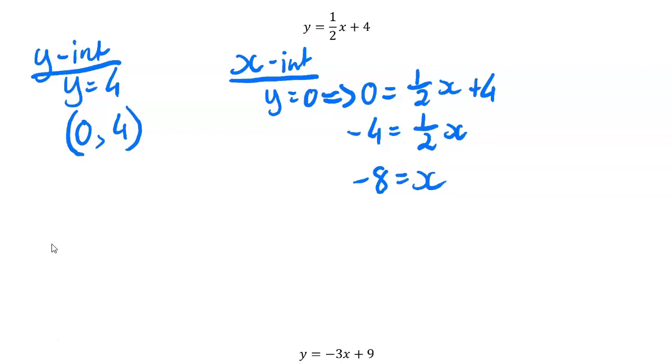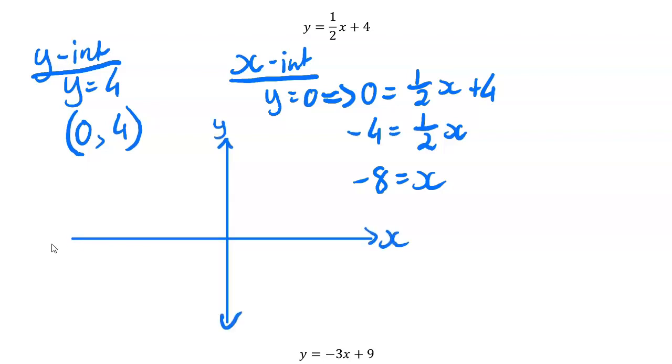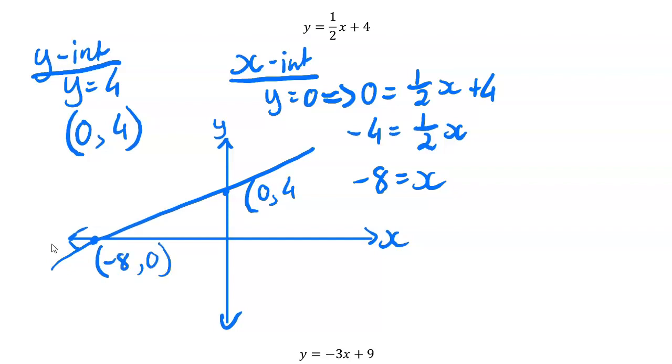So drawing this up, okay, y, x, and we'll have a point here, a point roughly there, and so that's at 0, 4, -8, 0.